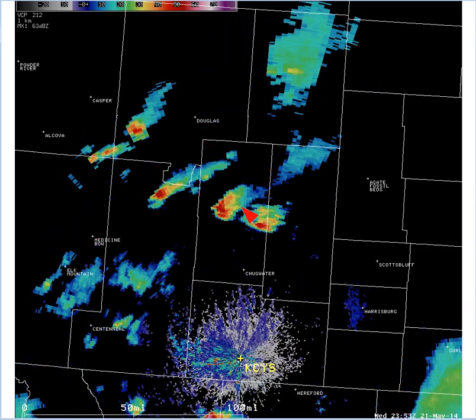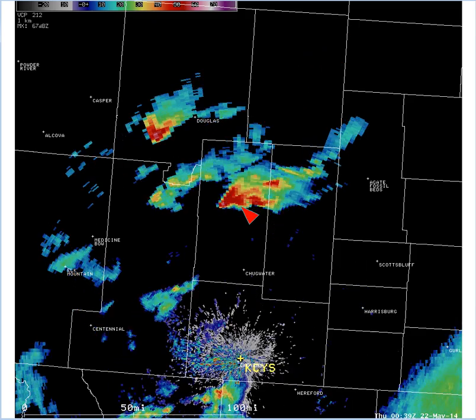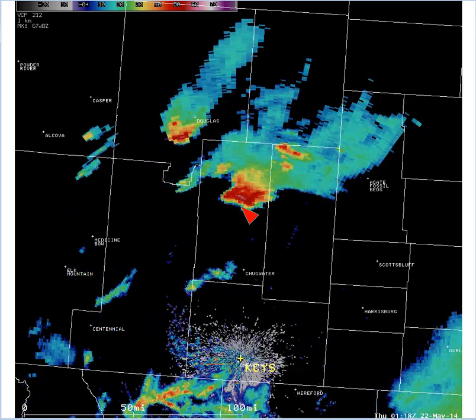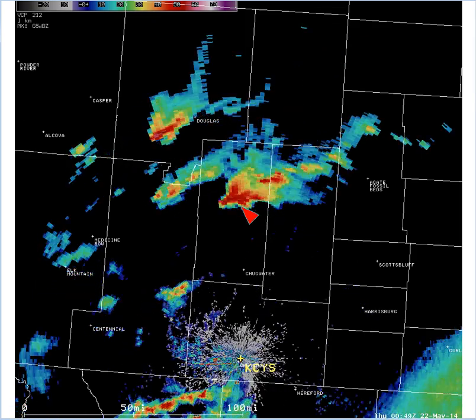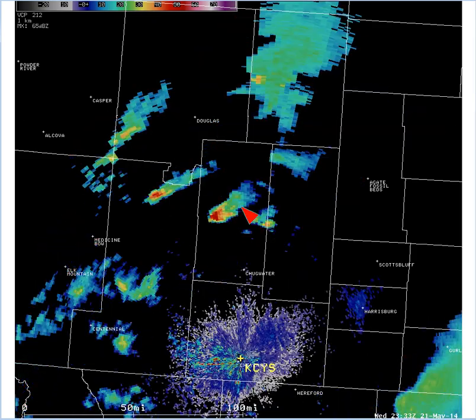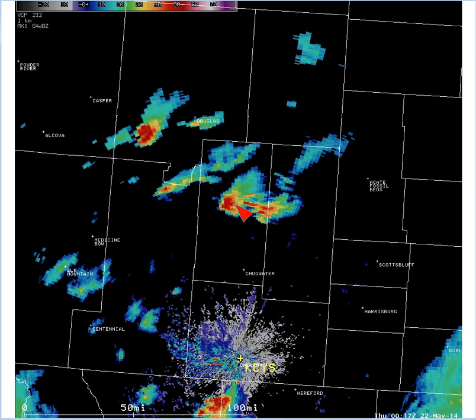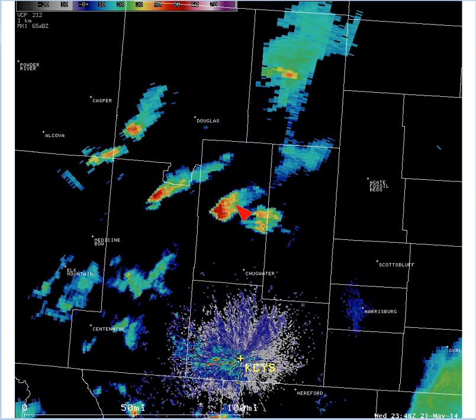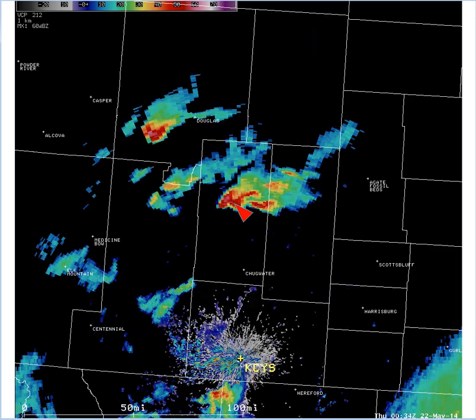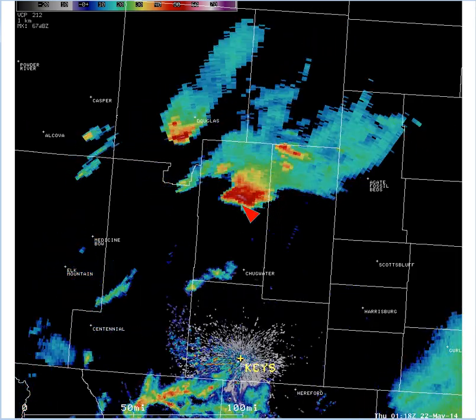So it didn't have that northeastward movement as much as it did earlier, so it's interacting with that boundary. And at 1:15 UTC, there was a tornado associated with this particular storm. You can see a picture of it on the blog entry on the web there, just a link to it, so you can see the tornado associated with that.